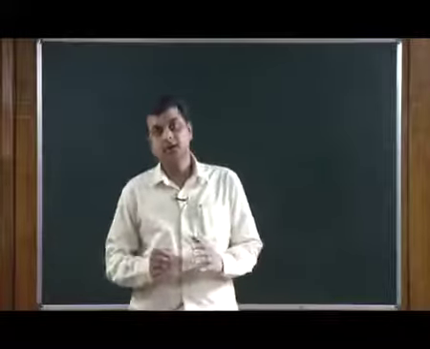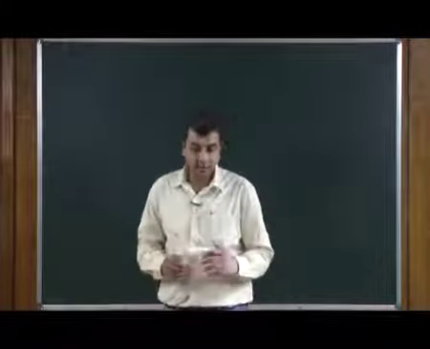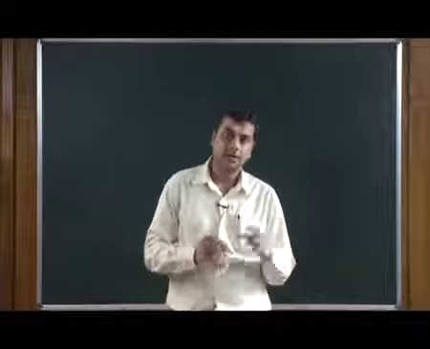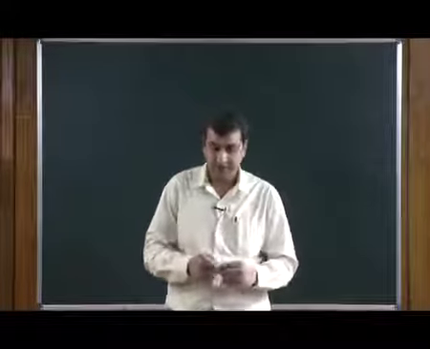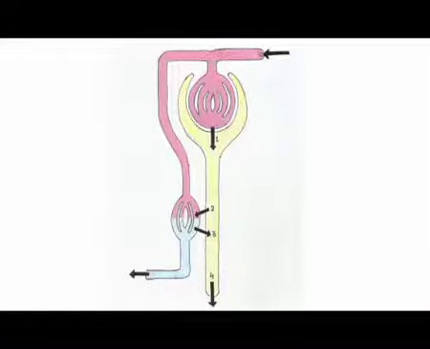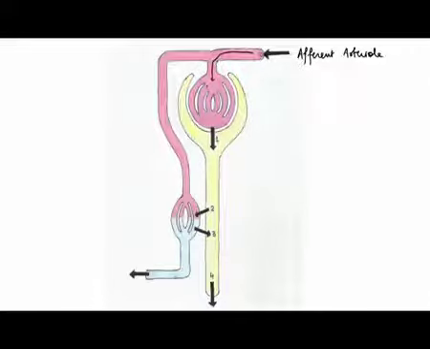So to summarize the complete urine formation, let's go and individually see in slide form so that you have a better understanding of urine formation. So here is the complete diagrammatic representation of the nephron. We have this inlet where we have this afferent arteriole, and in the first step the blood is coming, and from here the blood is leaving after filtration.